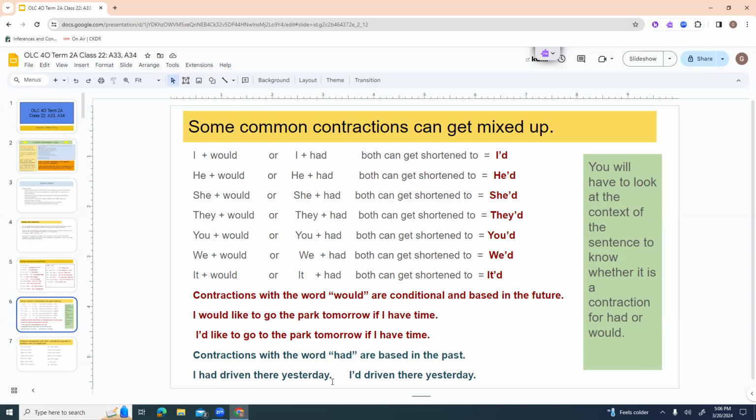I had driven there yesterday. I'd driven there yesterday. So I would or I had both get shortened to I'd. He would or he had both go to he'd. She would or she had goes to she'd, which looks a lot like shed if you don't notice the apostrophe. They would or they had gets shortened to they'd.